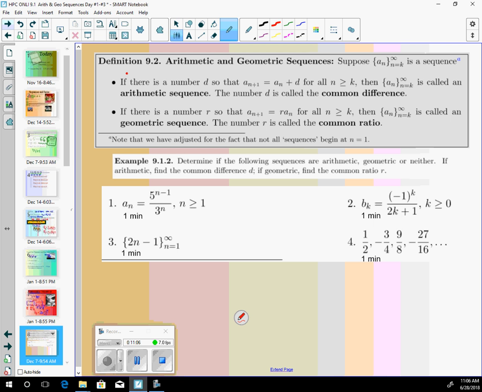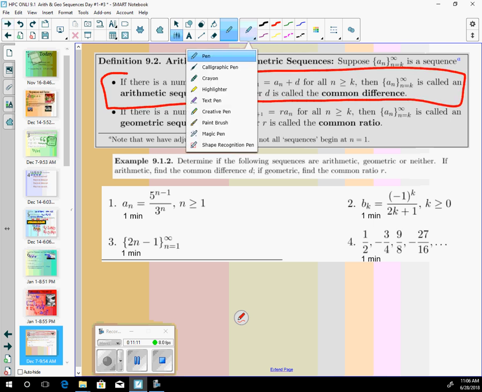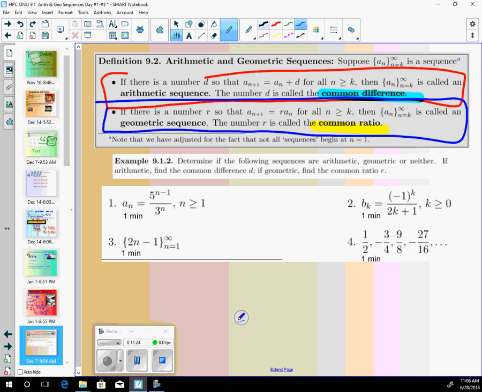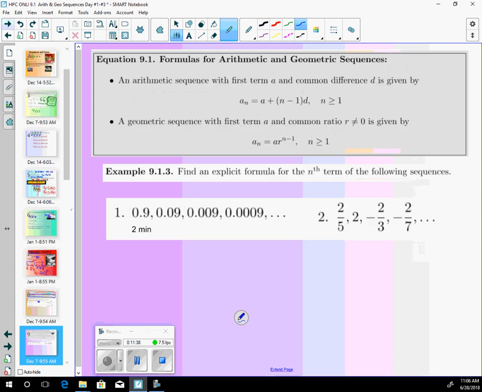Here's your arithmetic common difference, right? And then here is your geometric, which is the common ratio of those. And we can determine whether they're a common difference or a common ratio by looking at these. Just list the terms. I always tell students to list the terms and then see if they have a common difference or a common ratio. All right.